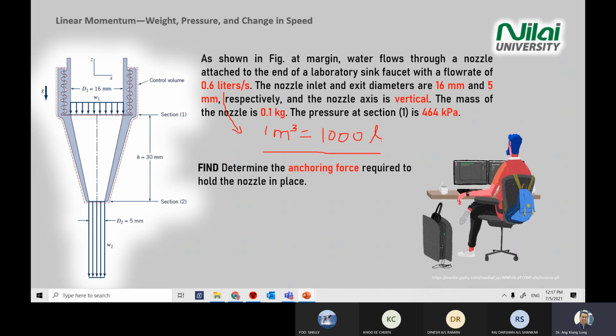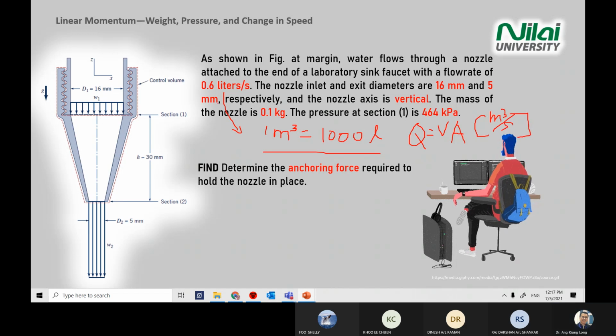Then you do the conversion from this equation. 1 meter cube equal to 1000 liter. If the question asks you to find Q, the volume flow rate, which is equal to VA, velocity times area, you get the volume flow rate in the unit of meter cube over second. So this liter per second is also a volume flow rate.